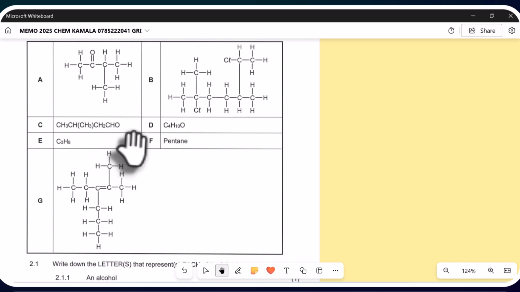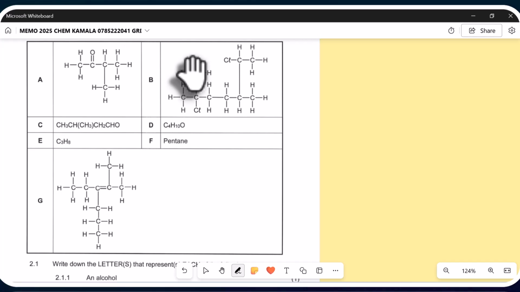Let's look at D here and find out whether it is an alcohol or something else. We have 4 carbon atoms, so I'm going to number them 1, 2, 3, and then 4.